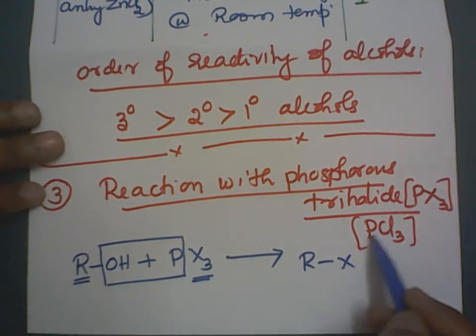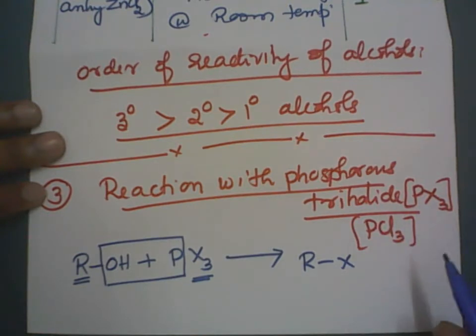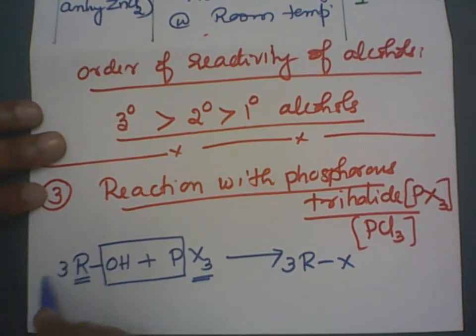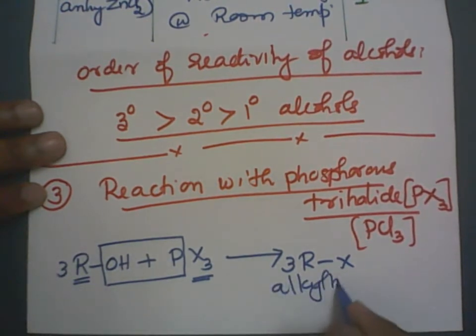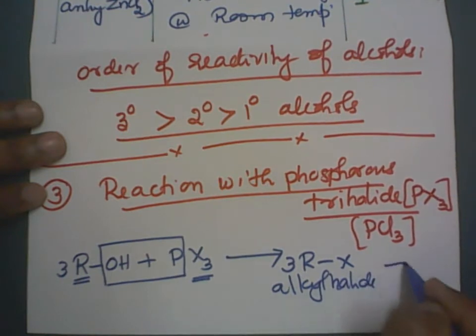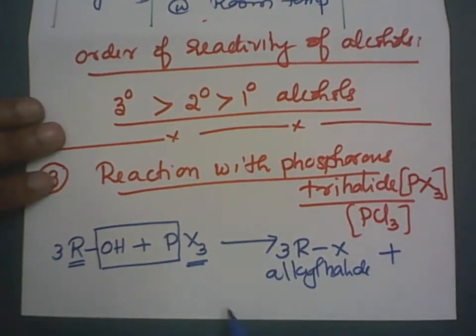If there is PCl3, we get alkyl chloride, or alkyl bromide, all these categories. How many halogens are there? Three. So three times R, three times alcohol. This is the alkyl halide plus what are we going to get? The remaining part, the phosphorus acid.